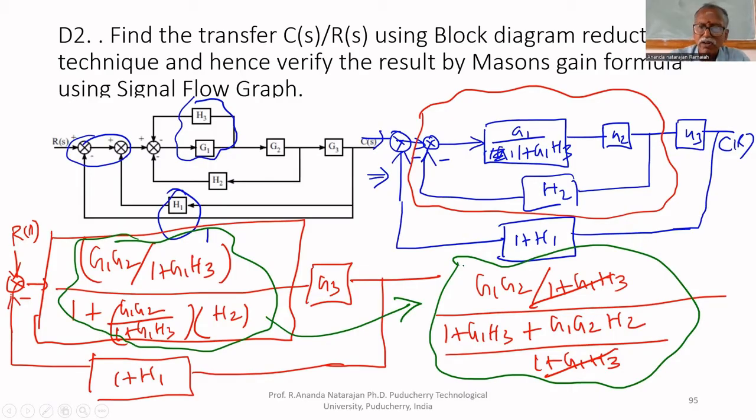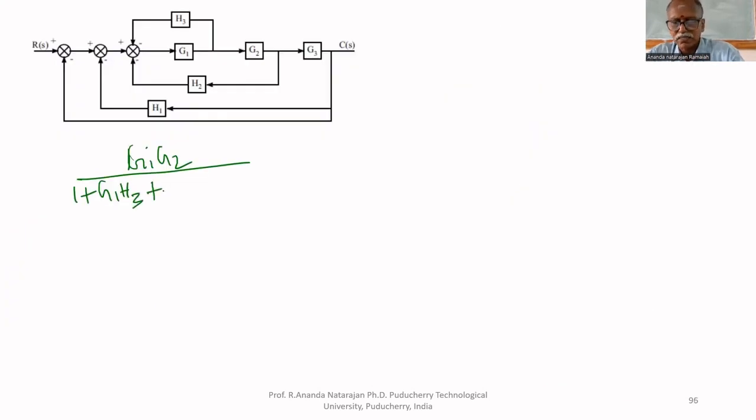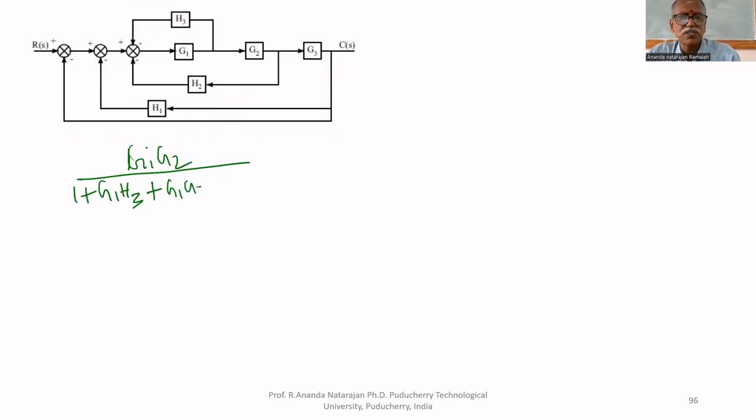Now we can go for the final diagram. That is G1, G2 divided by 1 plus G1, H3 plus G1, G2, H2.